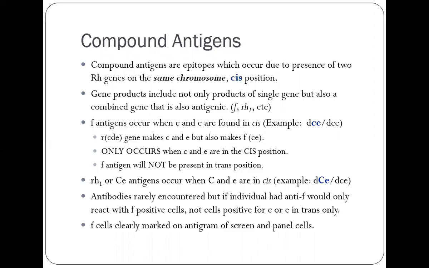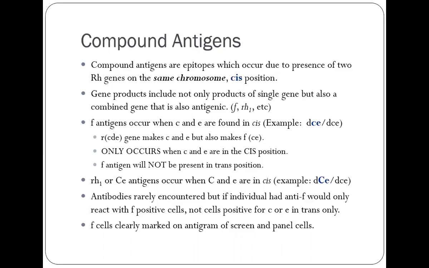The F antigen will not be present in the trans position. So this is actually the Rh6 blood group system. I told you there's many different antigens, so this is just one.